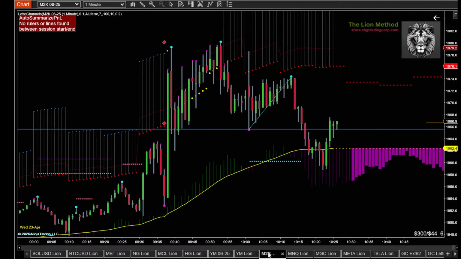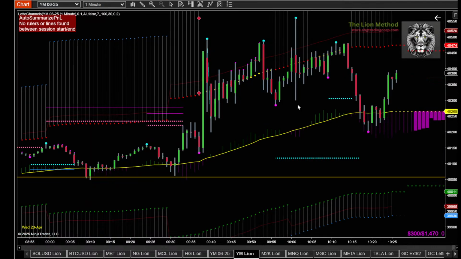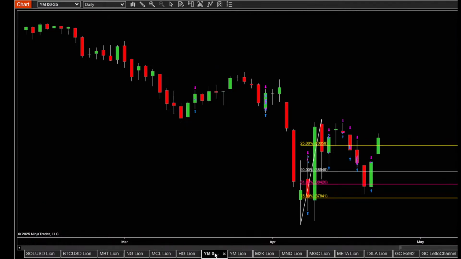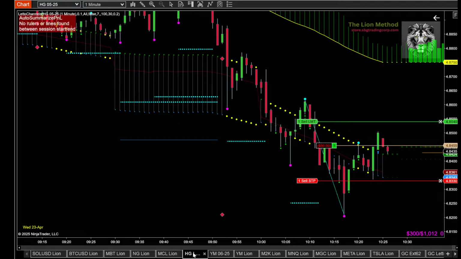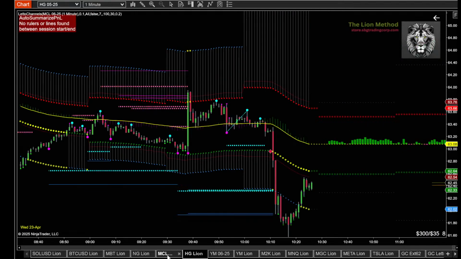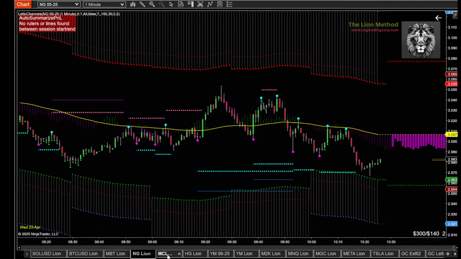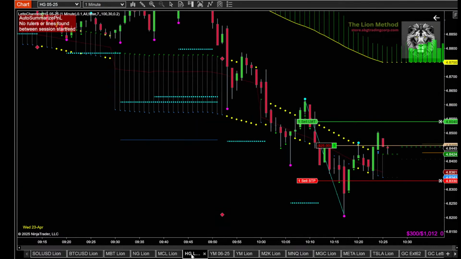Yeah, guys, look at that. I'm sorry, I missed it. I had the level for Russell. I think I had this for YM. HG is hanging in there. Crude is trying to find its legs. Copper is our position right now.